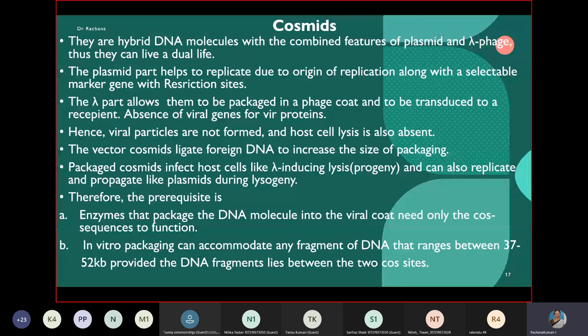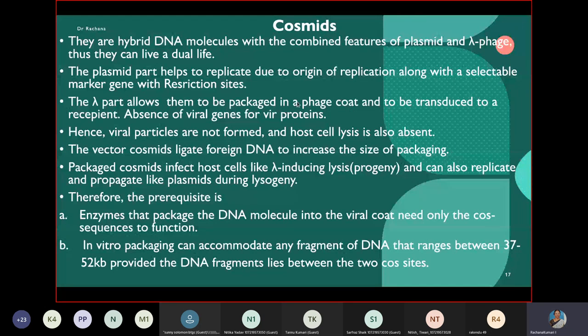So these are the two properties which we are exploiting in the construction of a plasmid. And in the lambda part, what are we checking for? This will allow the DNA to be packaged in the phage heads, because it is having the genetic material of the phage genome. So the phage genetic material helps in packaging in the phage head.